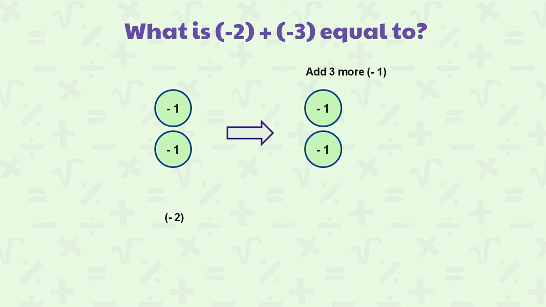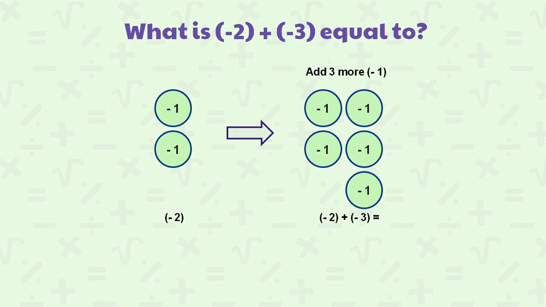Add 3 more negative 1. Okay, so now what is the answer? Let's recount together. 1, 2, 3, 4, 5. Negative 5. So negative 2 plus negative 3 equals negative 5.